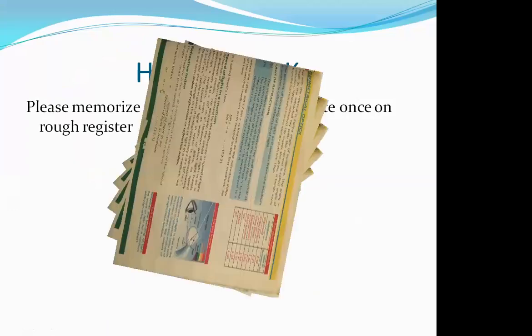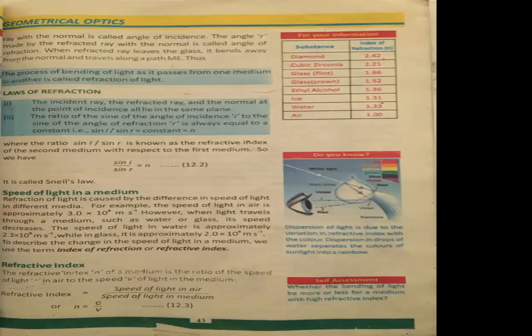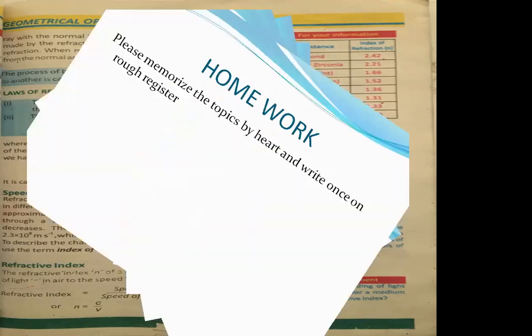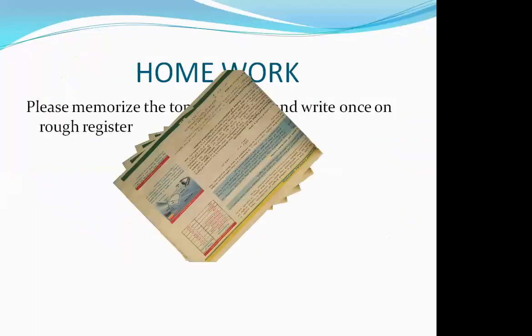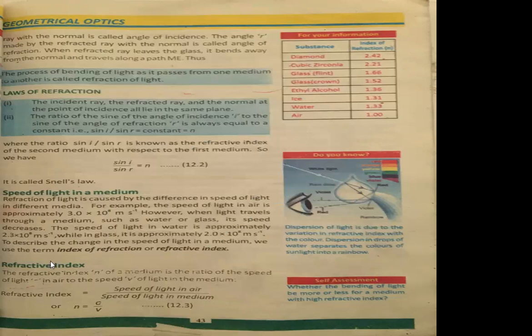The refractive index n of a medium is the ratio of the speed of light in air to the speed of light in the medium. So n equals c over v.